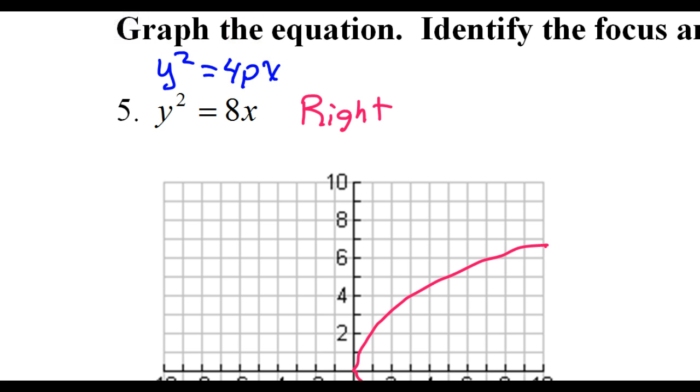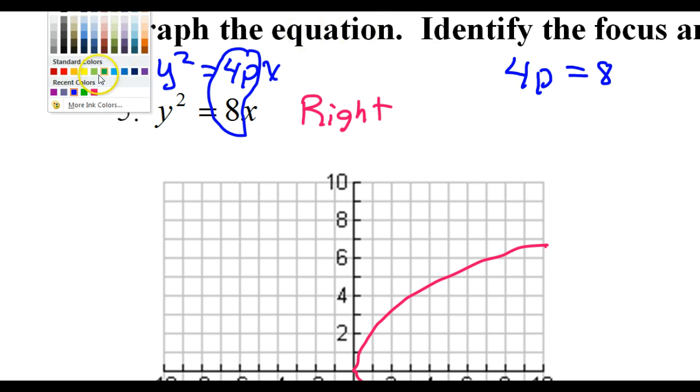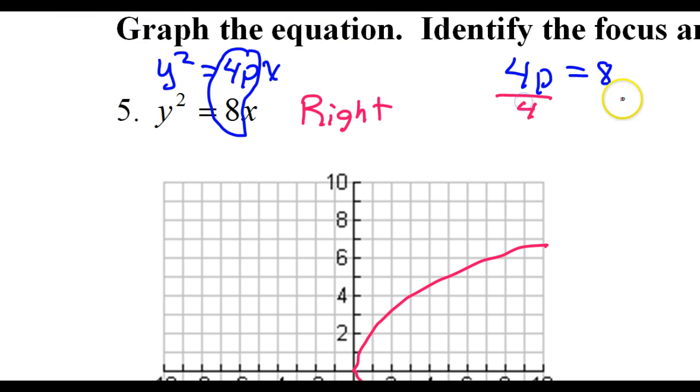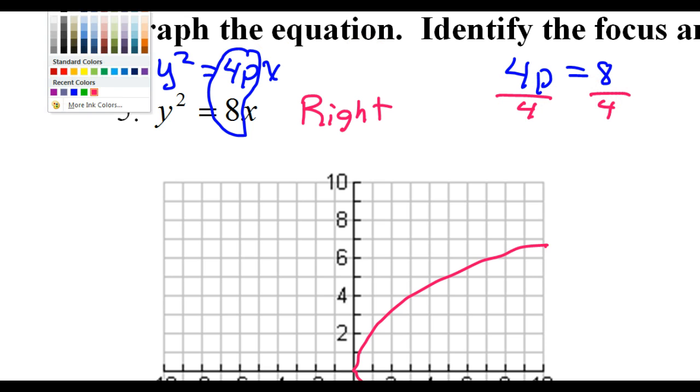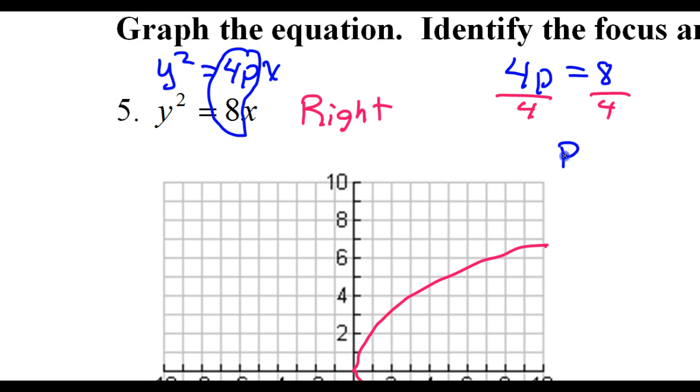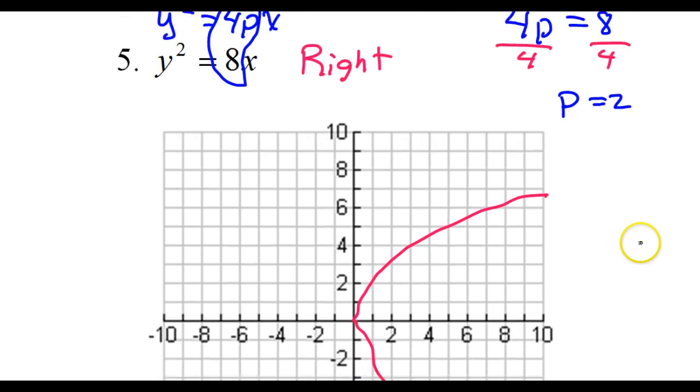So that means we know that the 4p is 8. Off to the side somewhere you go, 4p is equal to 8. If you divide both sides by 4, then you quickly realize that p is 2.